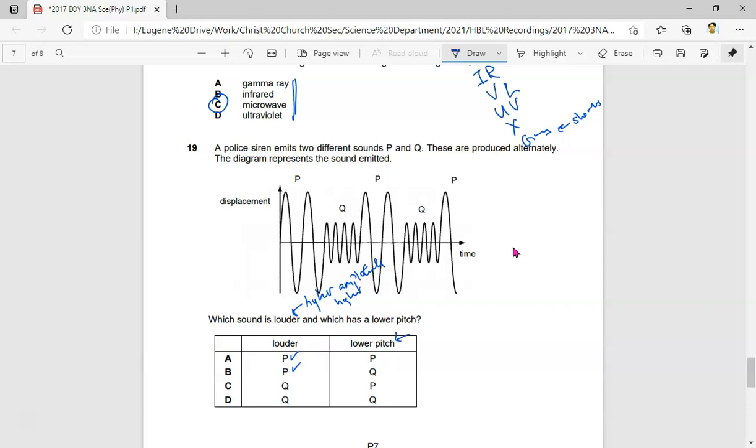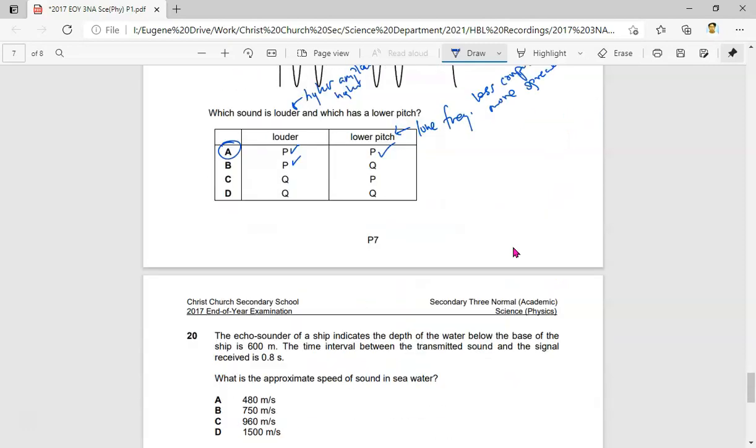Lower pitch means lower frequency. Lower frequency means the wave is more spread out. It's less compact. So if I look at the motion, more spread out, P is also more spread out. So answer is A for question 19.